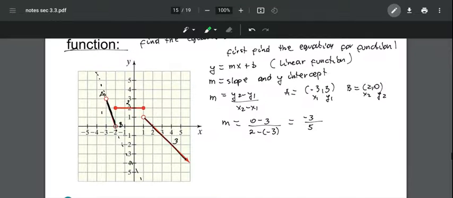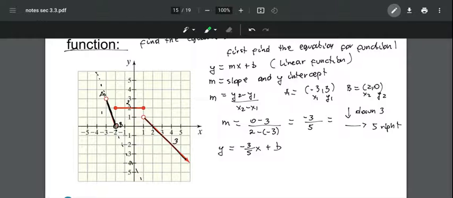And now to find the y-intercept, we have y equal to -3/5 x plus b. To find the y-intercept, there are a couple of ways we can do it. We can just read the y-intercept from the graph. We know the slope is -3 over 5, so that means down 3 and going 5 to the right. So to locate that y-intercept, from this point I will go down 3, 1, 2, 3, and 5 to the right, 1, 2, 3, 4, 5.